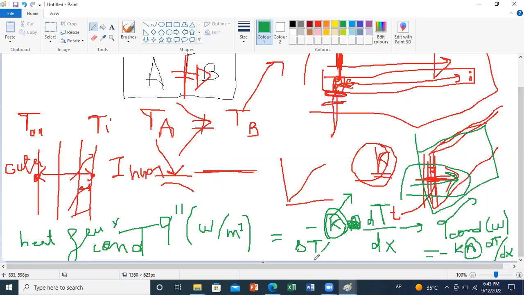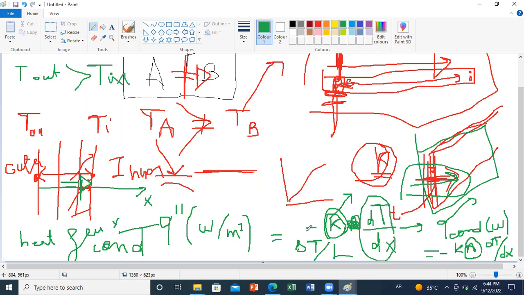over the length. And just let me comment on the negative sign here. When you take x in this direction, for the flux to be in positive x, you should have T out larger than T in. So always, the flux direction is opposite to the gradient of temperature, because when T out is larger than T in, this means that dT by dx will be negative.